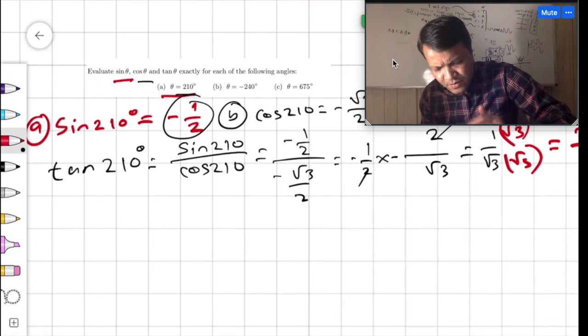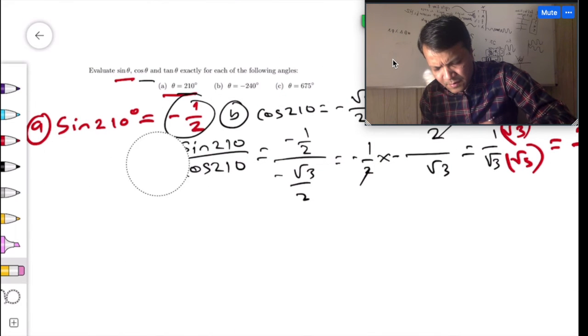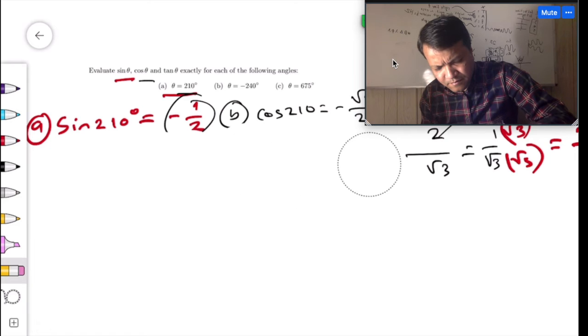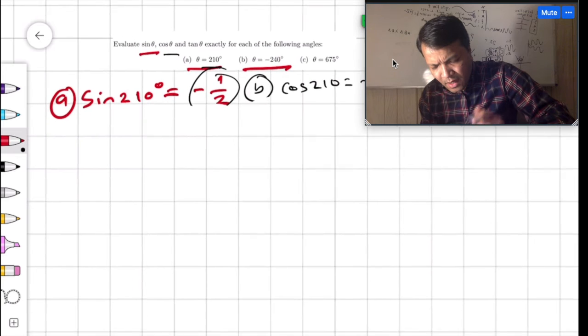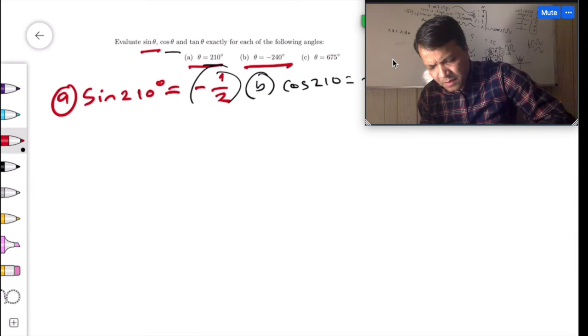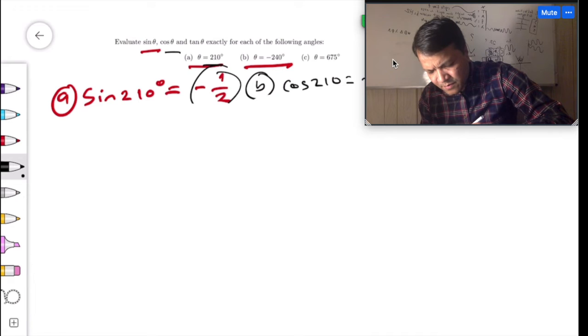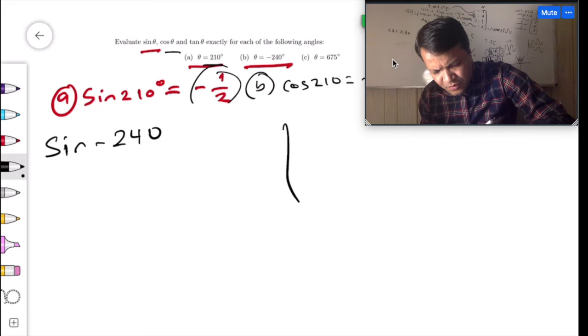Okay, now we're going to solve negative 240. First we're going to solve sine negative 240. Where does 240 fall? 240 falls somewhere here.